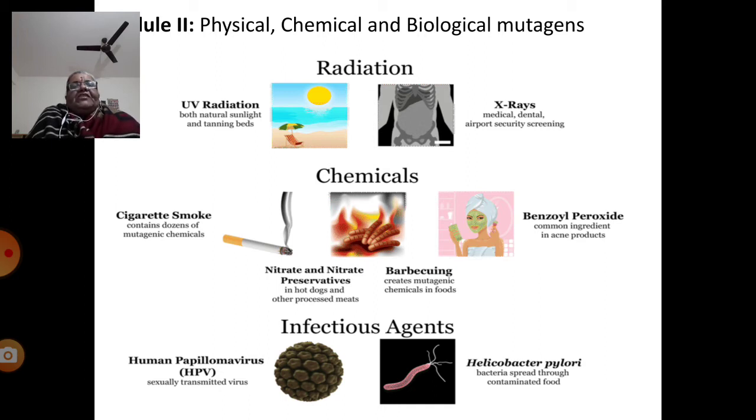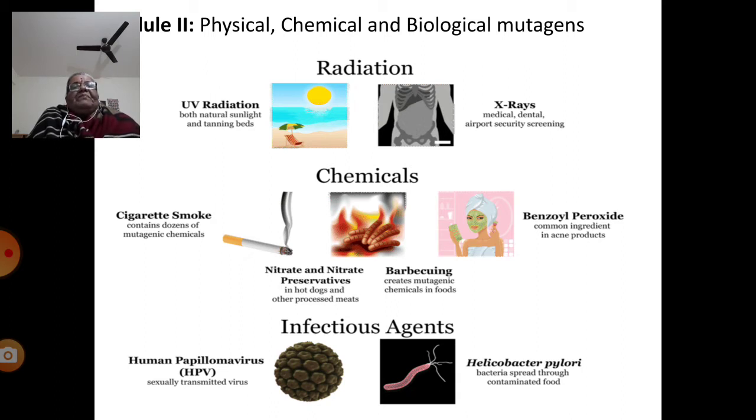Then the next category is biological mutagens. Most of them are infectious agents, like viruses, bacteria, and one more category, what we call transposons, or popularly called jumping genes.